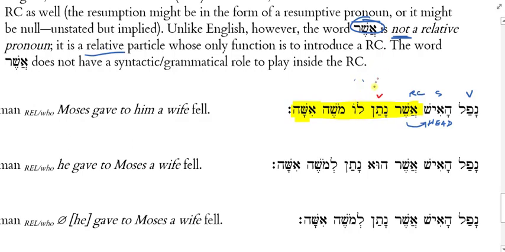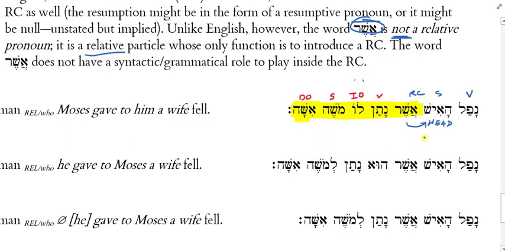What would you call that grammatical role? I gave something to him. That's the indirect object, right? That's the recipient of giving. What is Moshe's role? It's the one who gave. So that's the subject of natan. And then isha is the direct object.